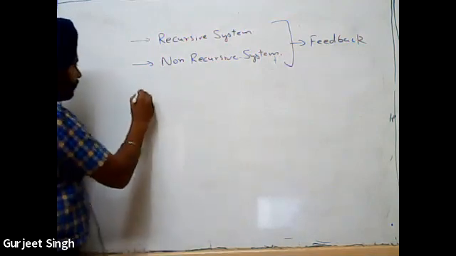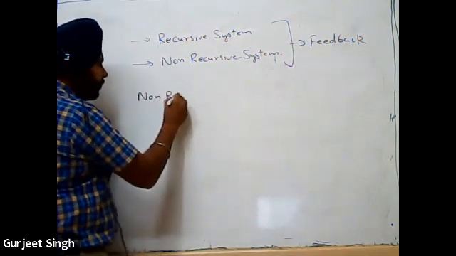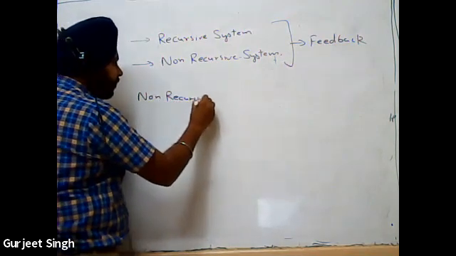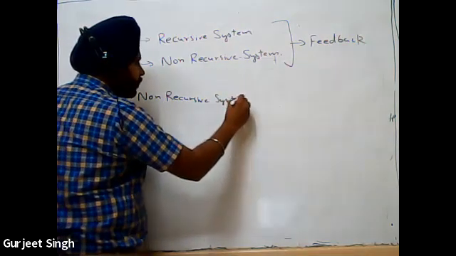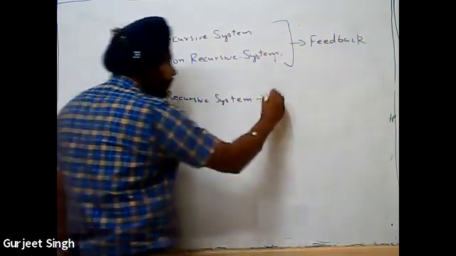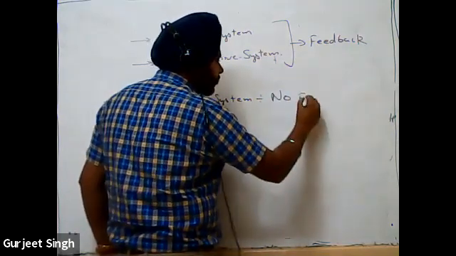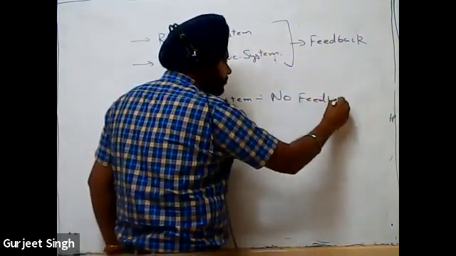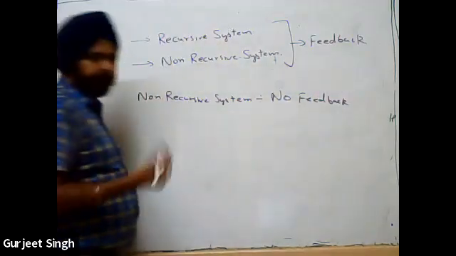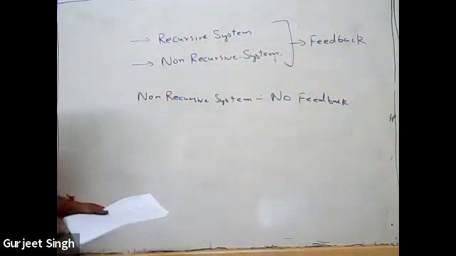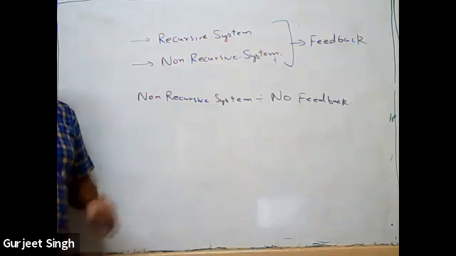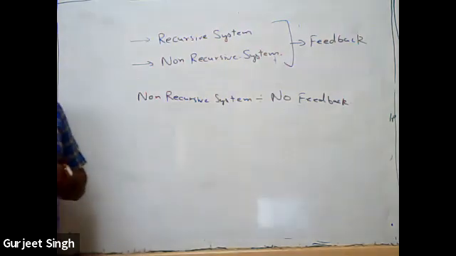So first of all we are talking about the non-recursive system. Non-recursive system means no feedback. In this system no feedback is there, and in the recursive system we are using feedback. The non-recursive system does not require the past output sample to calculate the present output.